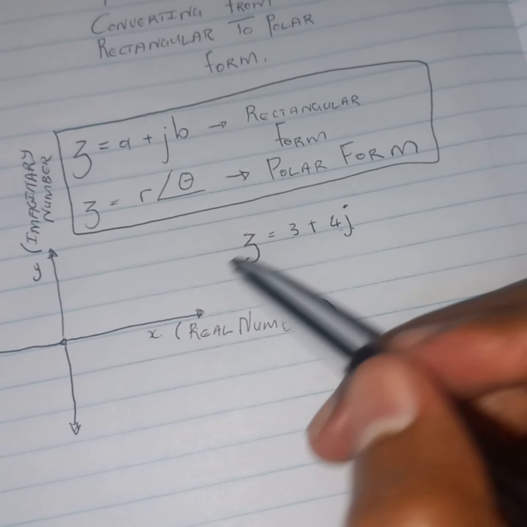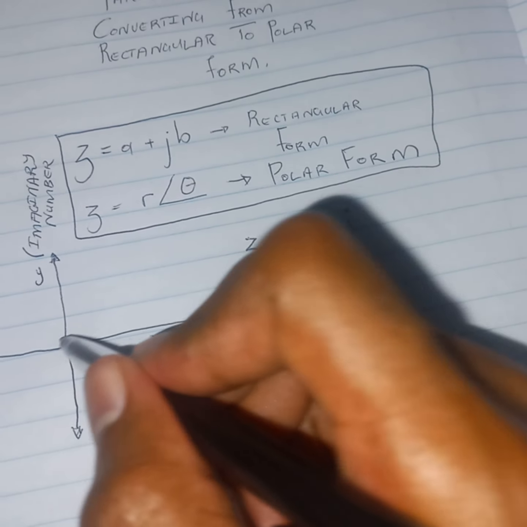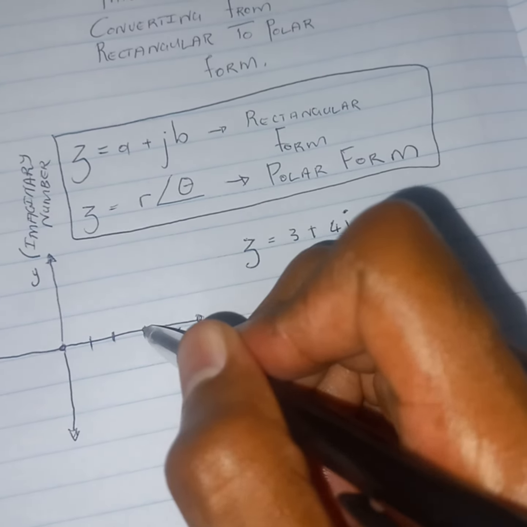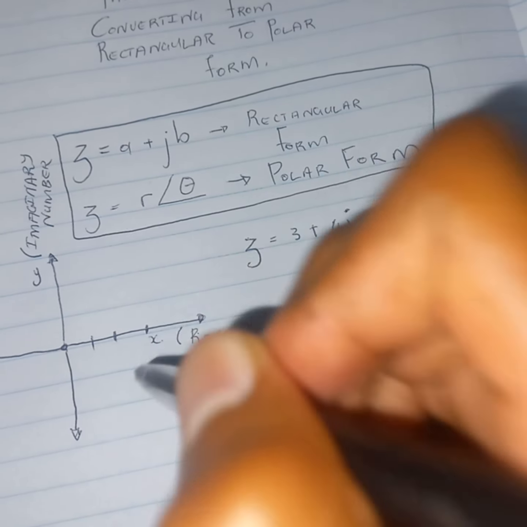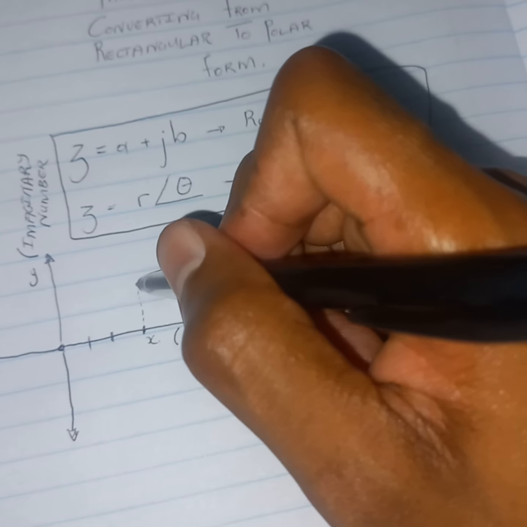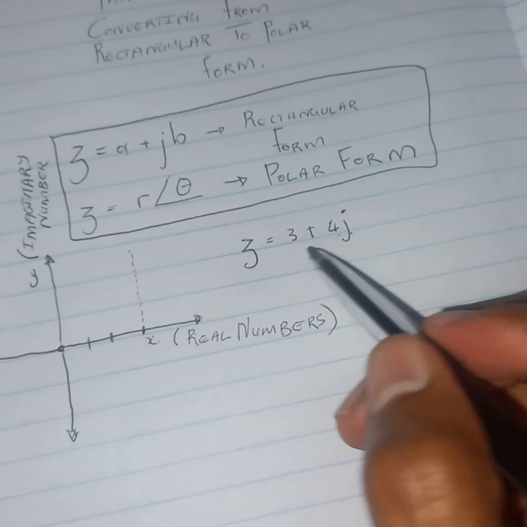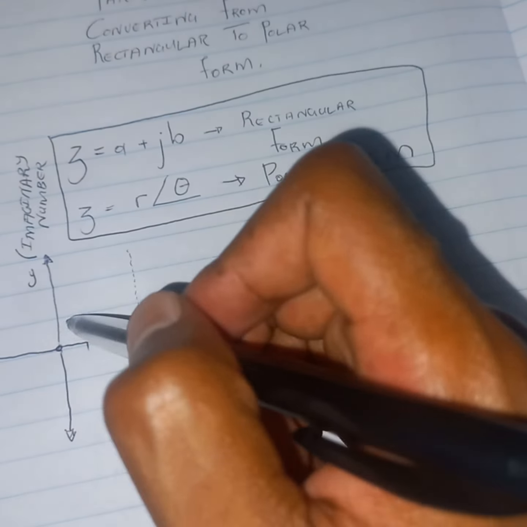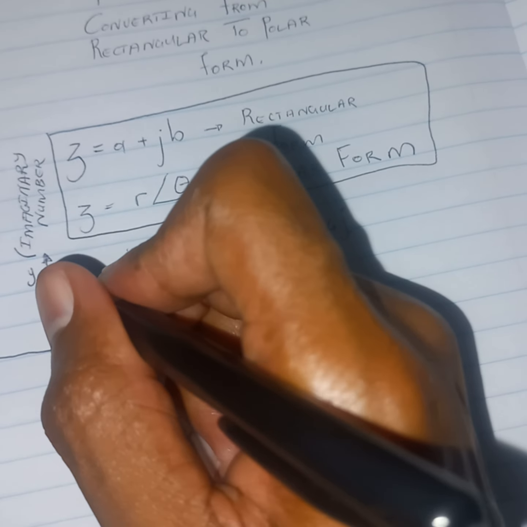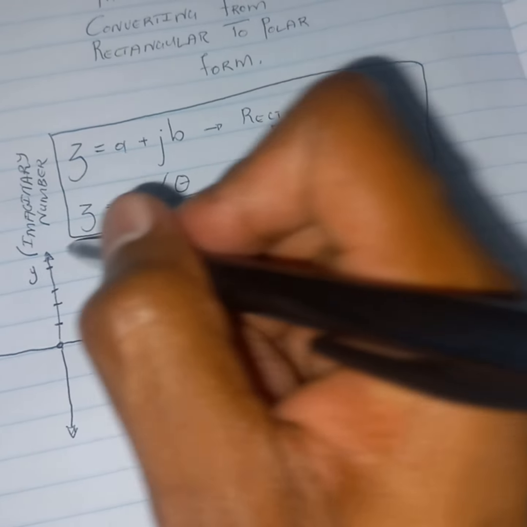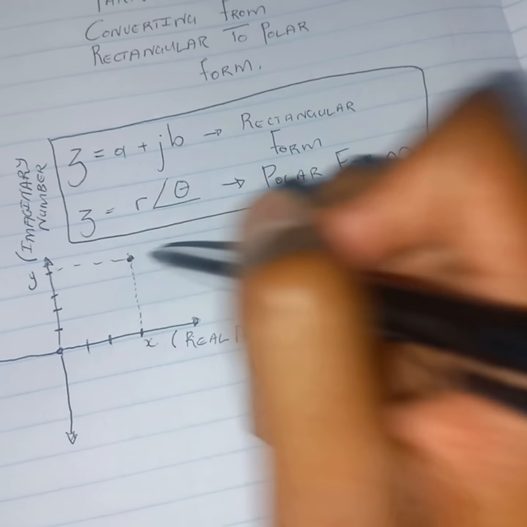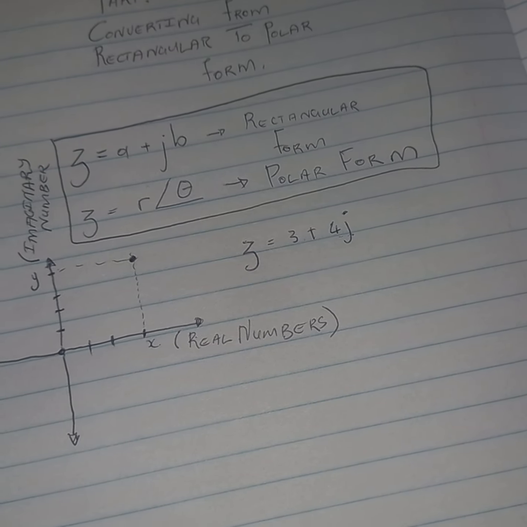If this is 0, I count 1, 2, and then 3 units along the x-axis. Then I use a ruler and draw a line going up, making sure it goes 4 units up, positive: 1, 2, 3, 4. Where these two meet, I draw a point.